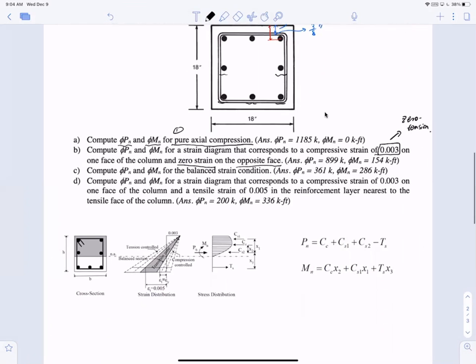And then compute Pn, Mn for balanced strain conditions, right? So this means epsilon s equals 0.00207, given that this is grade 60. And the last one is to compute Pn, Mn for the strain diagram corresponding to a compressive strain of 0.003 on the top and a tensile strain of 0.005. That means it is the tension control limit.